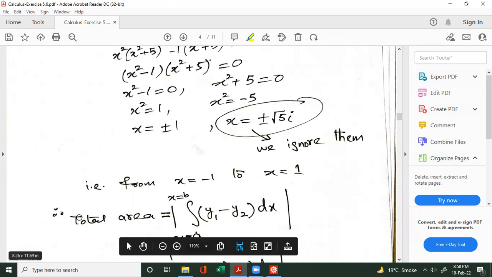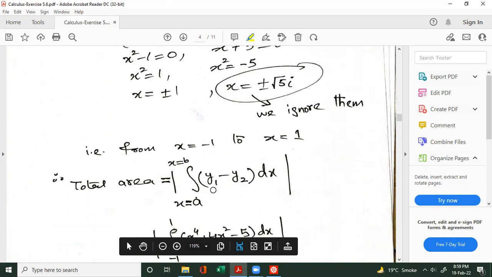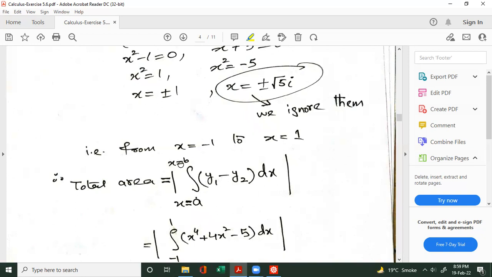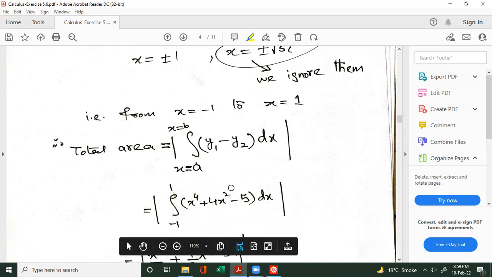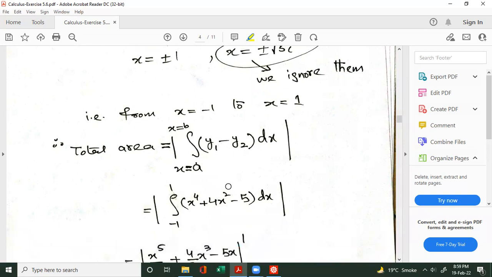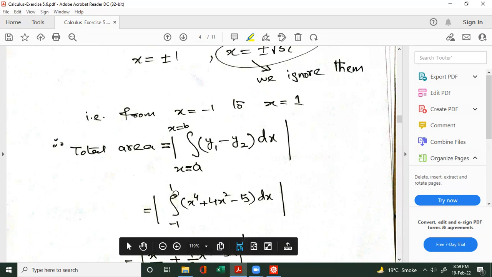We know that for the area between two curves, we need to integrate the difference of these two curves, either y1 minus y2 or y2 minus y1, but in the absolute sense. Absolute sense means if your answer is negative, it automatically changes the sign to positive, because the area between two curves cannot be negative or 0.